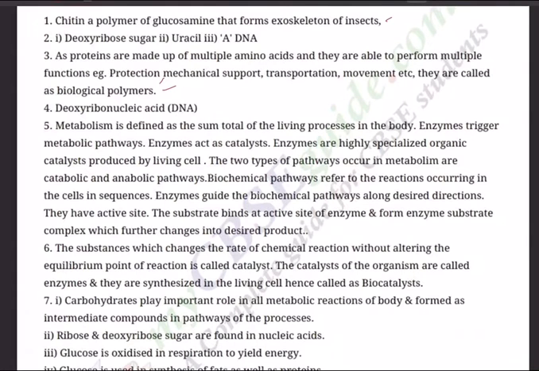Enzymes guide the biochemical pathways along desired directions, and they have an active site. The substrate binds to the active site of the enzyme and forms an enzyme substrate complex. Enzyme E, substrate S, complex C, which further changes into the desired product.